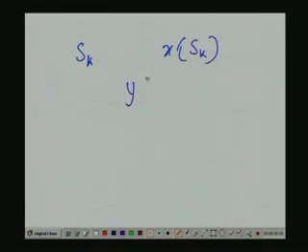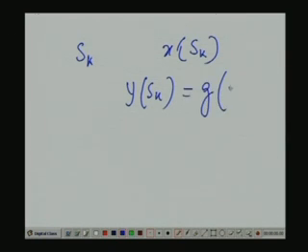We should write y_k, because y also is a random variable now. So, given the experimental outcome s_k, what is the value for y? For the outcome s_k, find out the value x(s_k), and g works on that. That is the value for y.